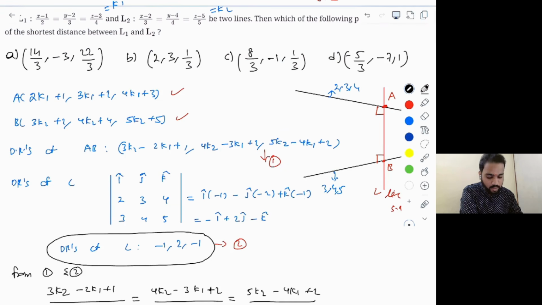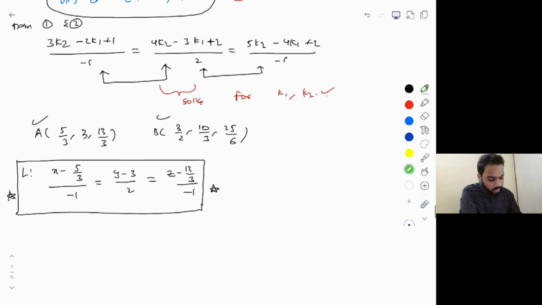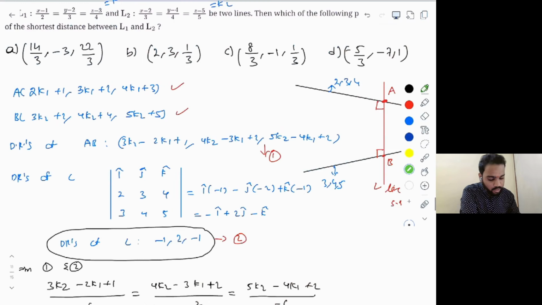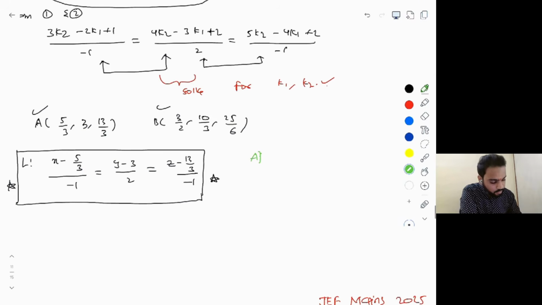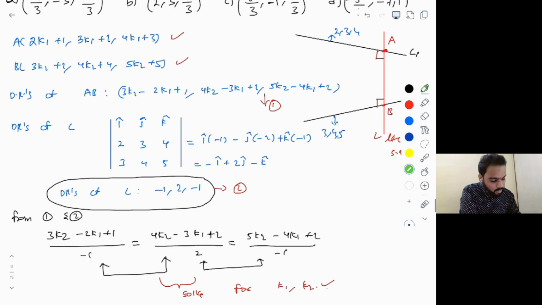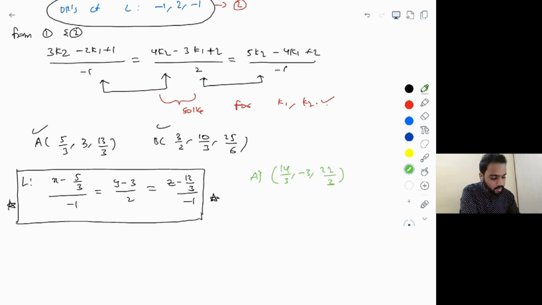And moreover, the question is not over yet because we have to verify option by option. Okay. For example, if I want to verify option A, what you need to do is take the point given by, okay, I will do one option. You try to do the remaining. Option A is given by 14 by 3, comma, minus 3, comma, 22 divided by 3. So you know very well how to check whether a point is lying on this line or not.